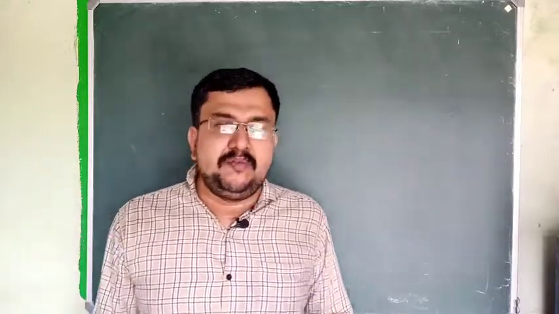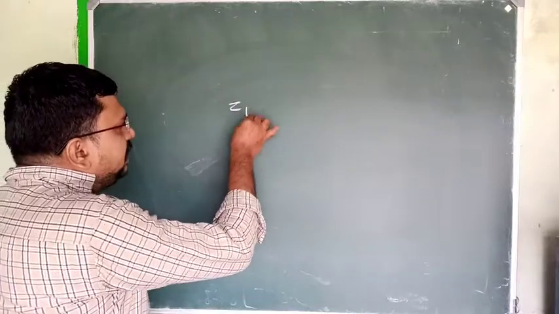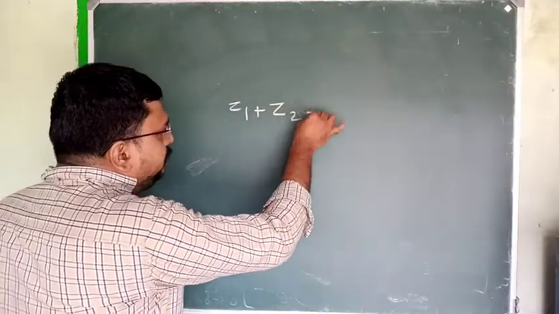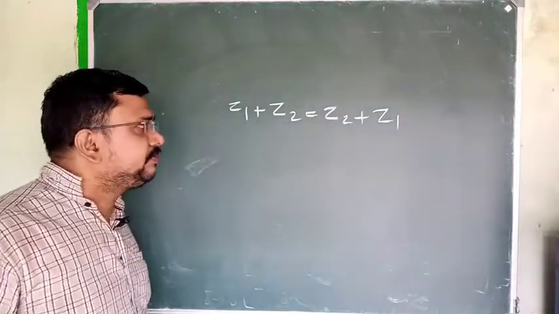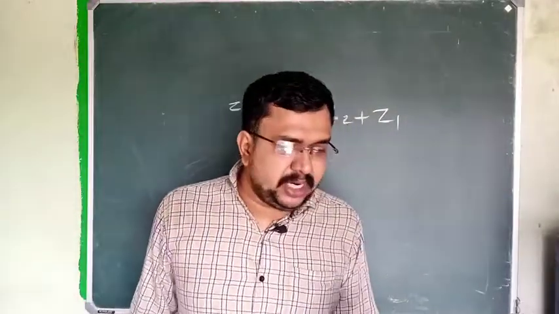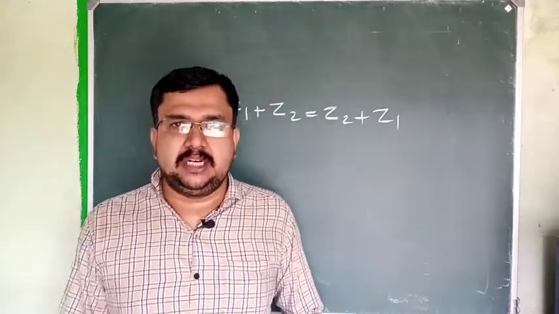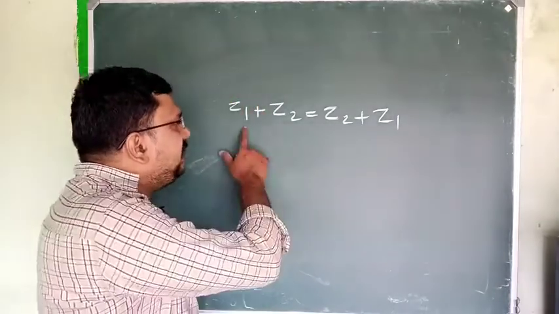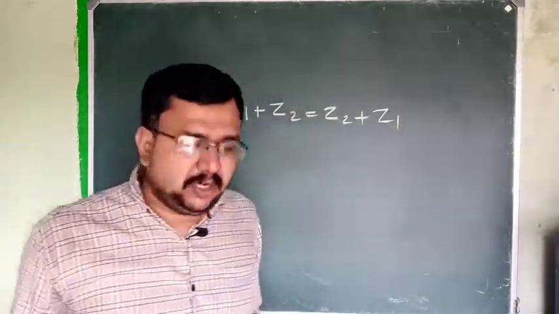Next one is the commutative law: for any two complex numbers z1 and z2, z1 plus z2 is equal to z2 plus z1.